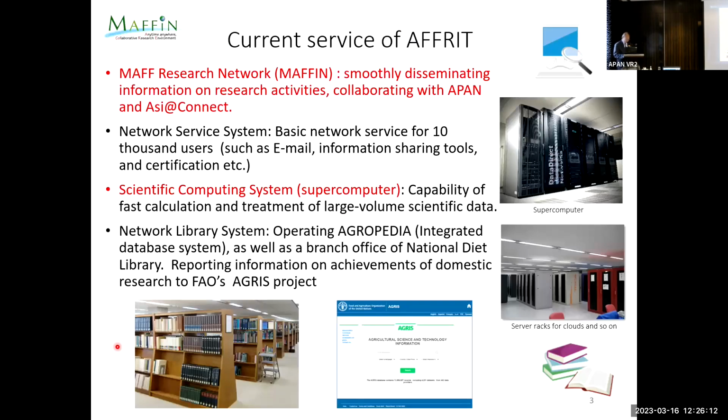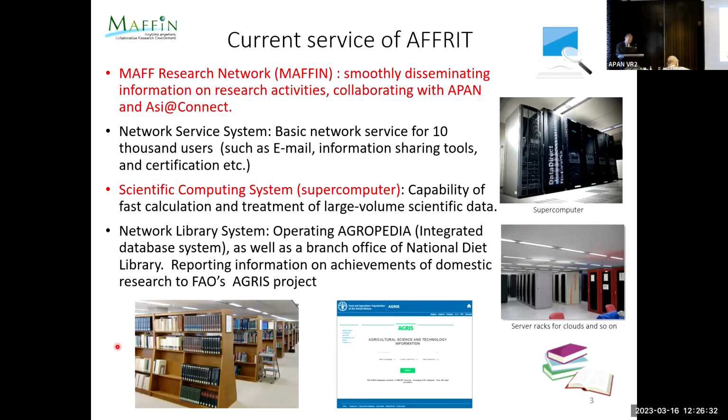At first, I'd like to talk about the service of AFRIT. The service of AFRIT is composed of following 4 main items. MAFIN connects about 70 locations of research institutes, including the branch of the National Research Centers.